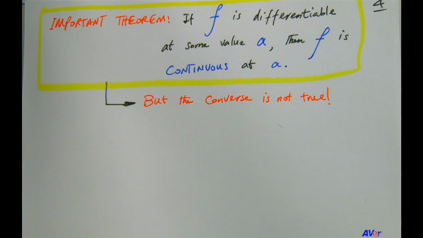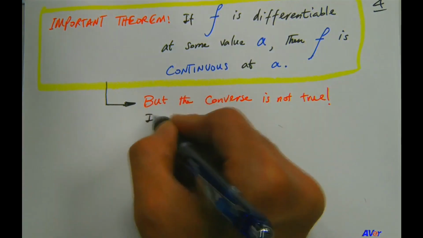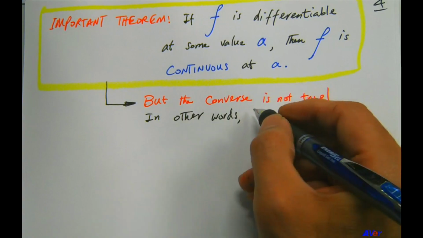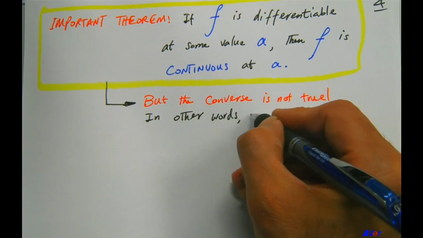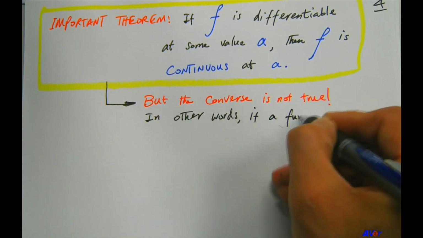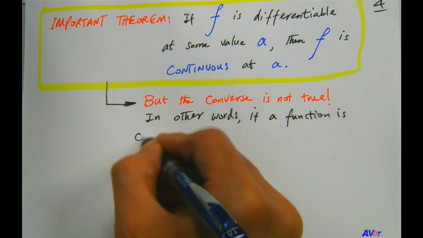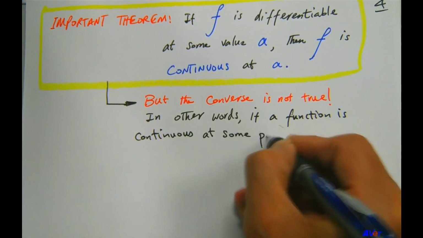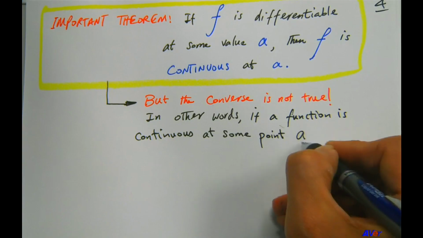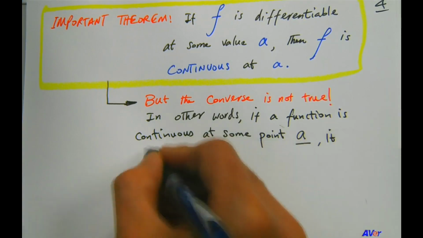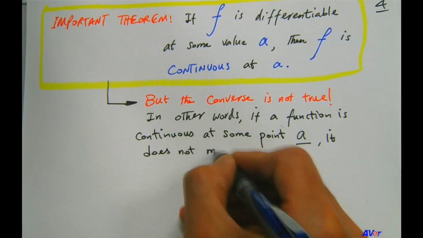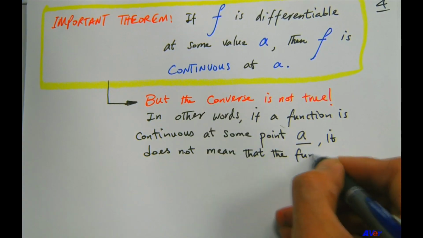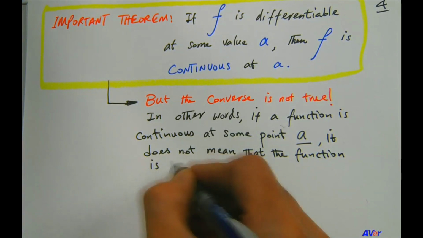In other words, if a function is continuous at some point a, it does not mean that the function is differentiable at a.